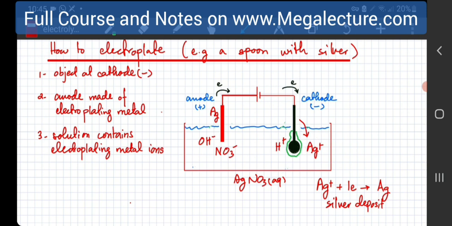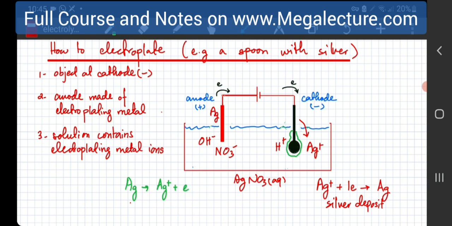And what will happen at the anode? The battery is going to take away electrons. And remember what we just discussed, that if it's an active electrode, if it's made from a metal that's slightly reactive, not completely inert, the electrons are going to be lost by the metal itself. Metals like to lose electrons. NO3 minus 1 and OH minus 1 are not the ones that are going to lose electrons. It's the silver metal that would lose electrons. My equation would be that the silver metal would lose electrons and form positive ions.